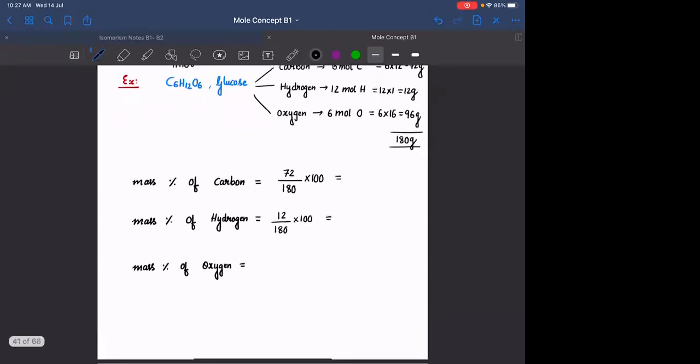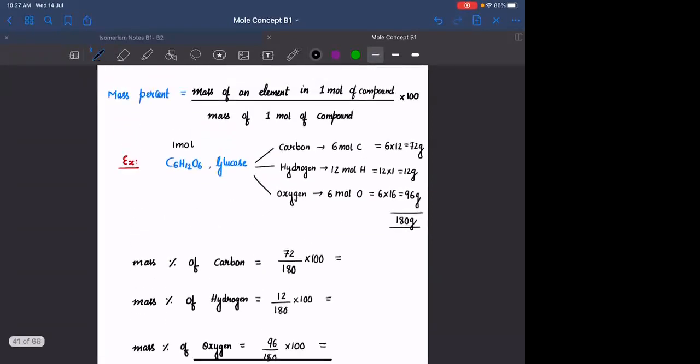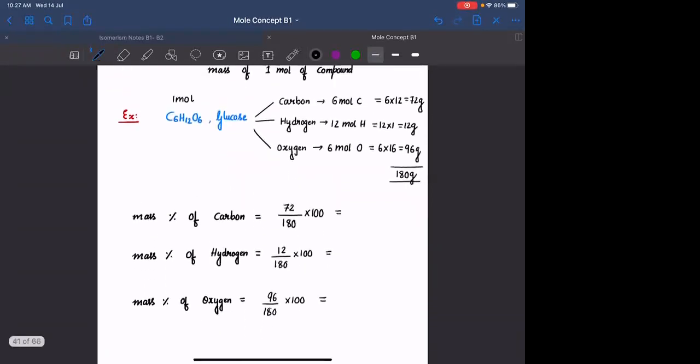For mass percentage of oxygen, you can do 100 minus the mass percentage of carbon plus the mass percentage of hydrogen, or you can calculate that as 96 upon 180 into 100. Please tell me the answers for this. Answer please.